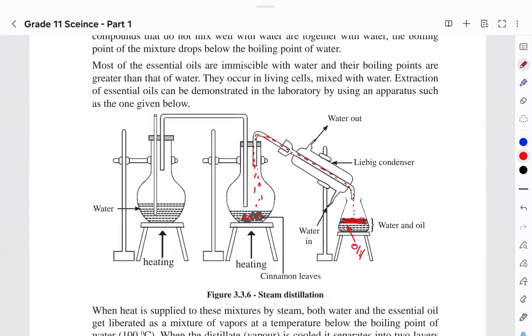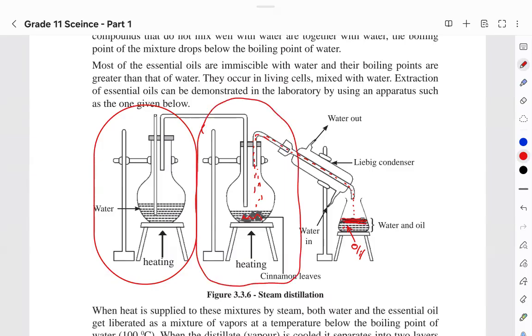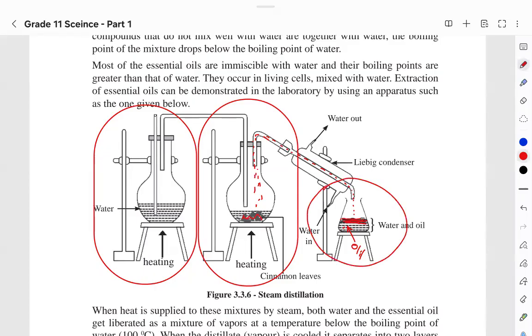So we can remove water and we can get the oil, right? So this is the setup to take water vapor. And in this setup, you can see that water vapor is added here and then cinnamon leaf is also here. In this setup, we can separate the water and cinnamon oil, right?